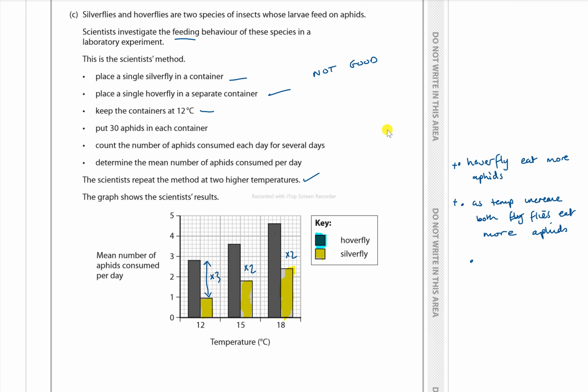Right, so this is what we've observed. Now, what are the negative sides of this? We can say we spotted that early. Only one fly of each type used. So you've only used one silverfly, one hoverfly. Right. Again, it is not in its natural environment, so the behavior might change.